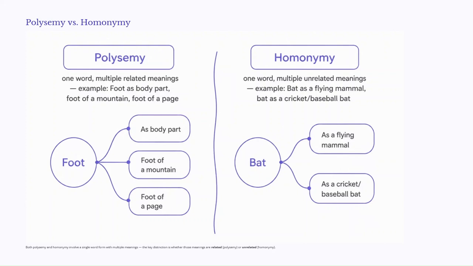So these are different contexts. But foot has at least one thing in common, which is that it is at the bottom: a body part at the bottom, foot of the mountain, foot of the page. So both polysemy and homonymy involve a single word form with multiple meanings. The key distinction is whether those meanings are related or unrelated. If they are related, it becomes polysemy. If they are unrelated, it becomes homonymy.